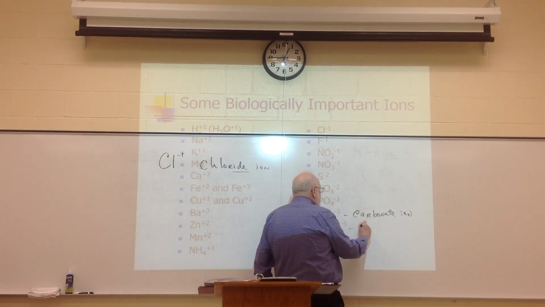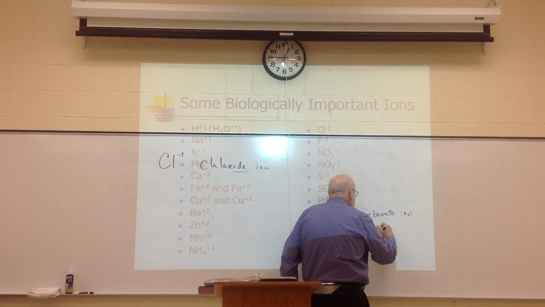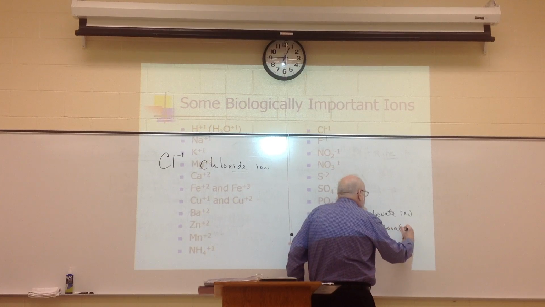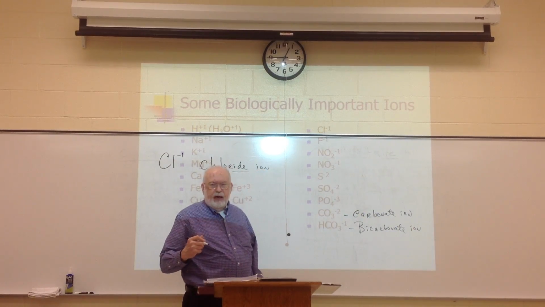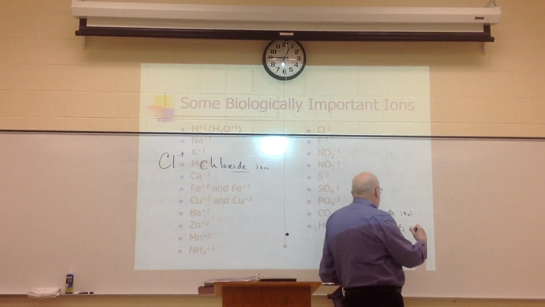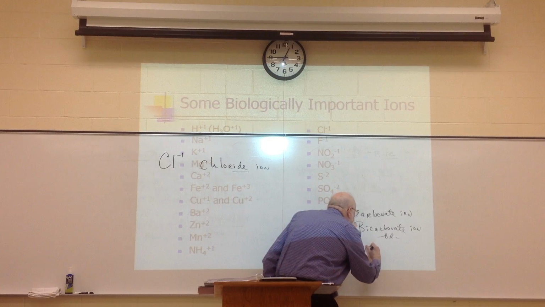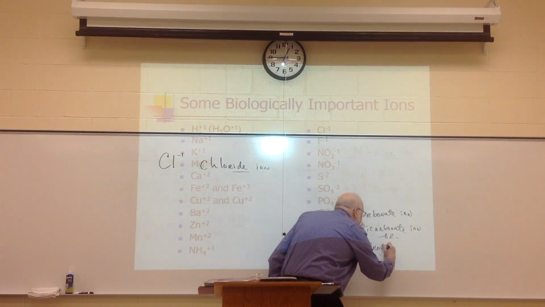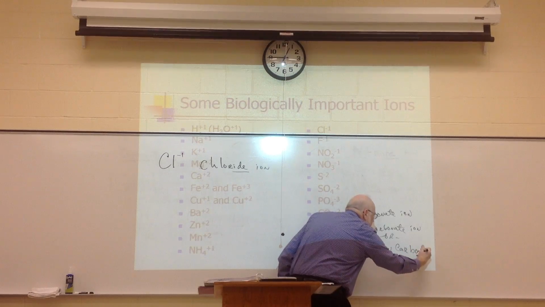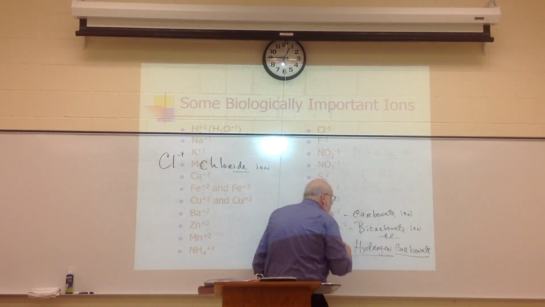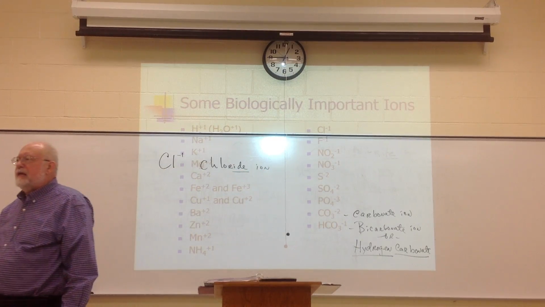And this one actually has 2 names. The one we're typically going to use is bicarbonate. But it has another name. It can also be called hydrogen carbonate. And remember now, that's 2 words. It's not something contracted together.